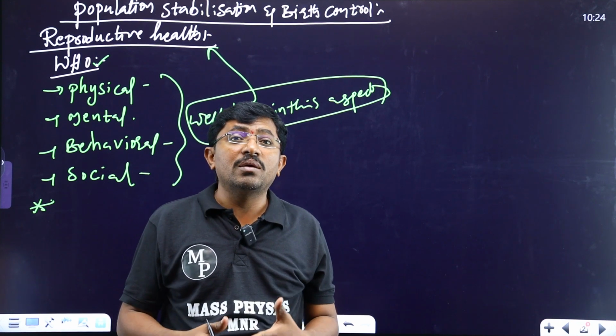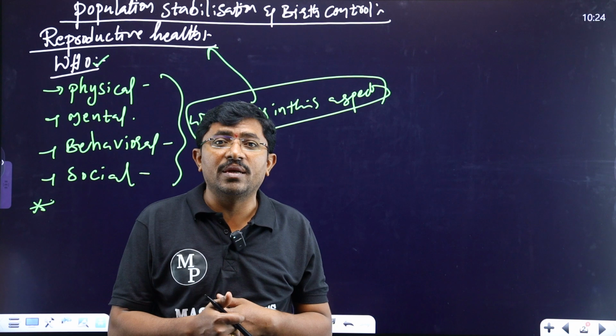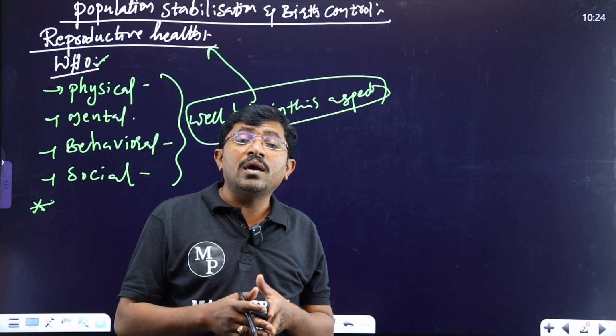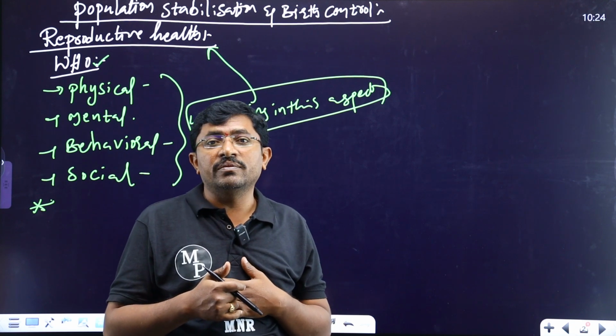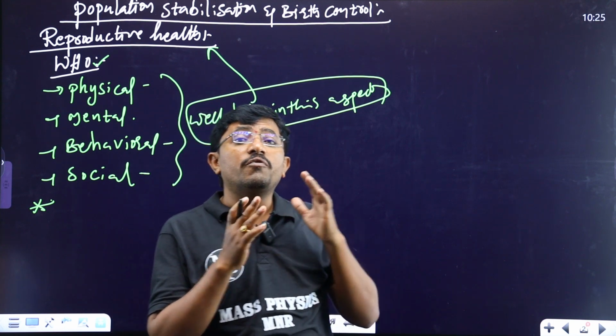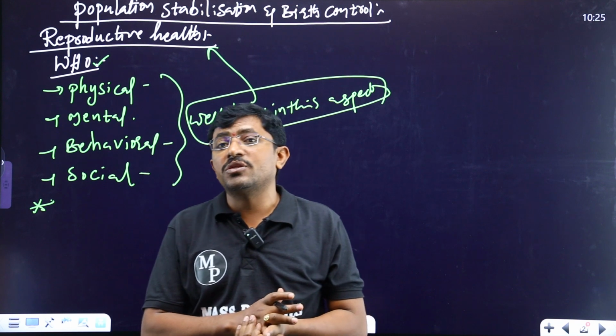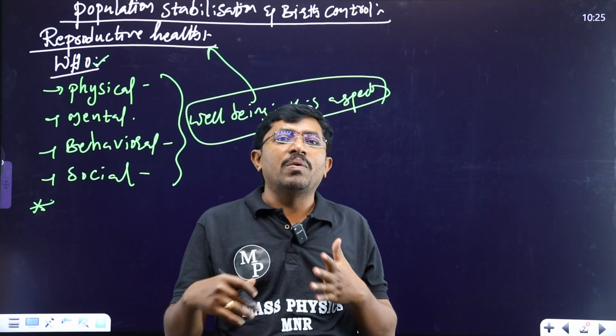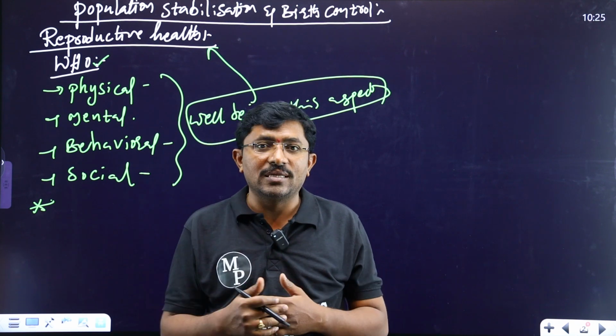So what type of programs were initiated by the Indian government? They were for decreasing the population. In ancient days, no one followed reproductive health strategies, so the death rate increased.